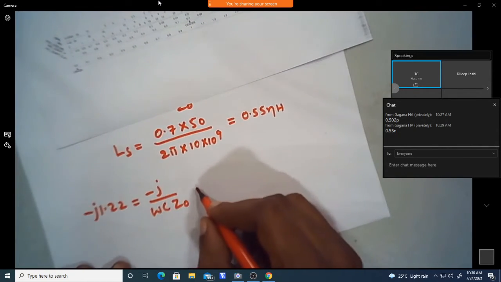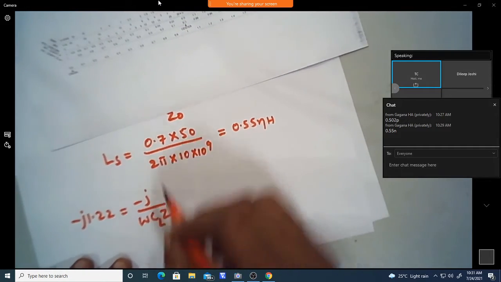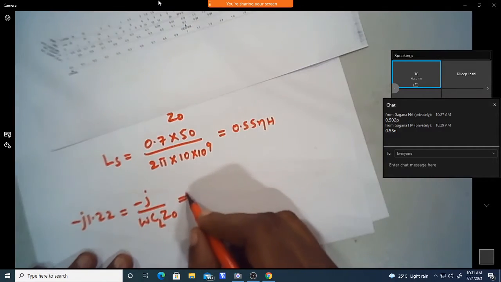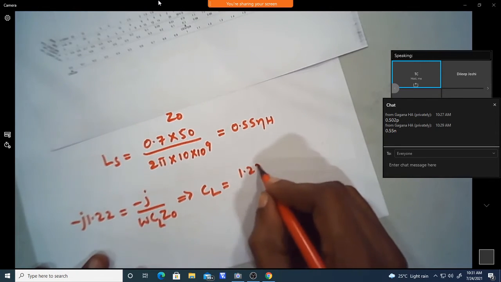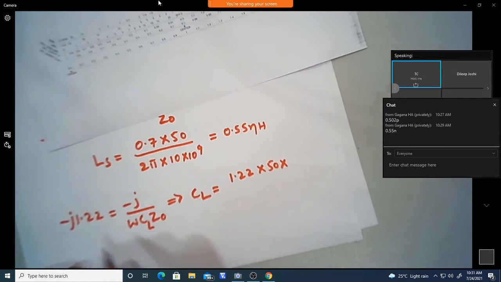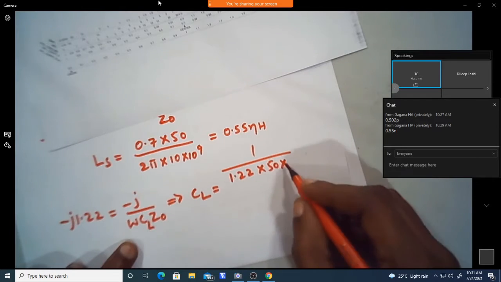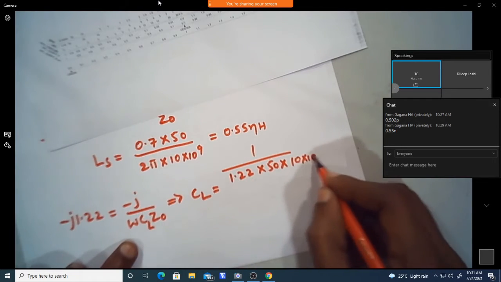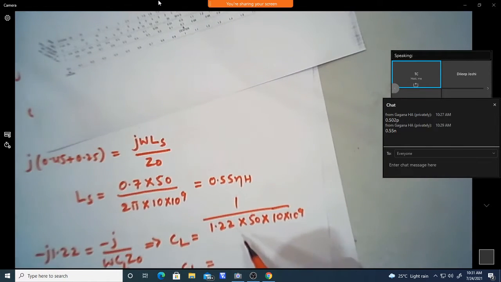So now we can find from this what is CL, which we have named. So from this we are able to find out CL, which gives 1 over 1.22 into 50 into 2 pi into 10 into 10 power 9. So now we can find out the value of CL.